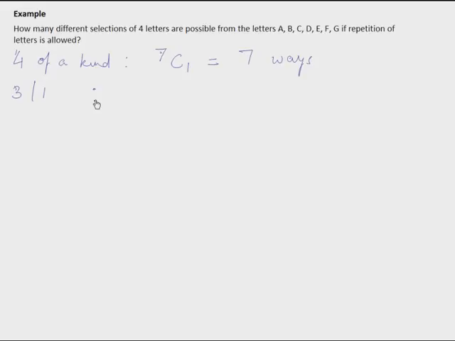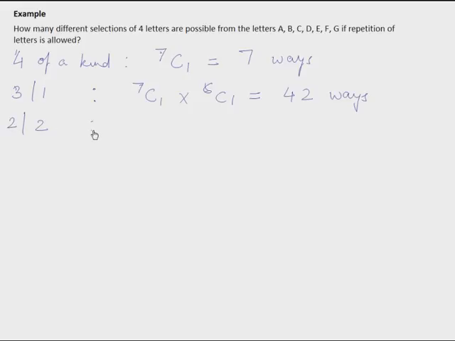That means I want 3 letters which are identical and 1 which is different. Since I have multiple copies of each letter, I have 7 choices from which to pick the letter which will be a triplet. So again it's 7 choose 1. And now that that letter is chosen, it cannot be chosen again. So I have 6 letters left from which to pick the singleton. That's 6 choose 1, which is 42 ways.